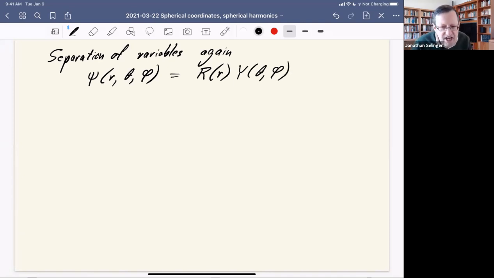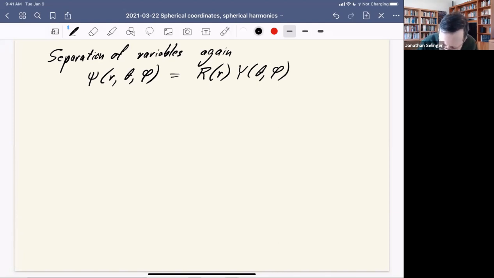I'll keep θ and φ together. I won't separate those, but I could. Okay, so now we want to put this assumption into the time independent Schrödinger equation.